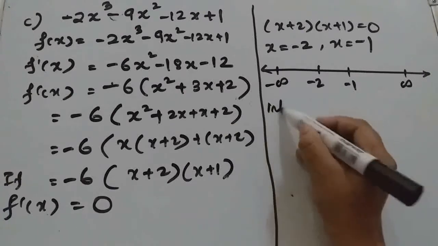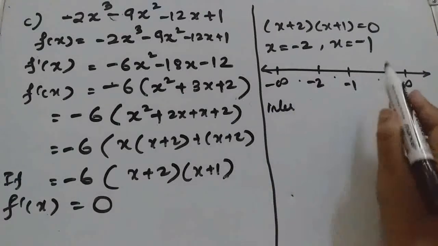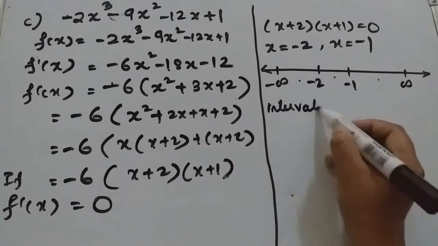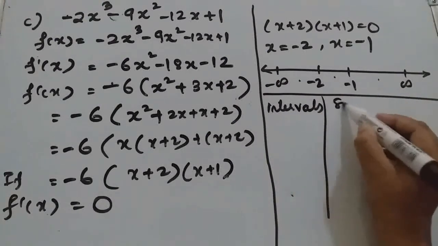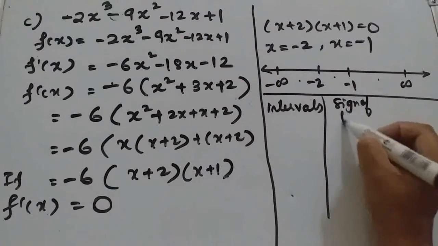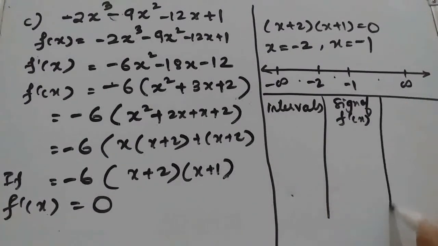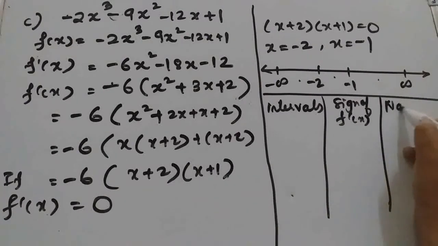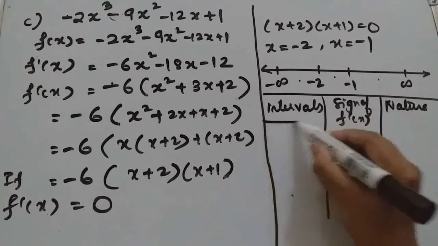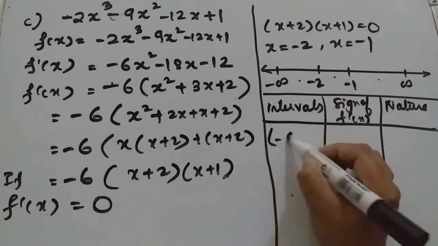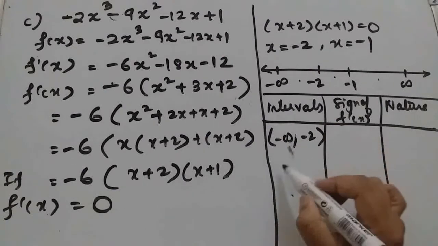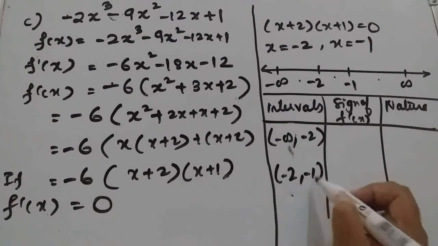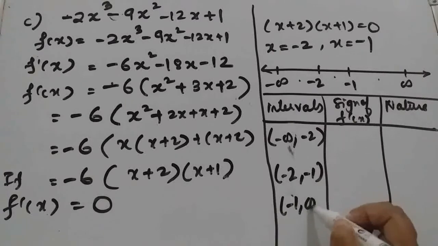So how many intervals are there? 1, 2 and 3. So we will write intervals, then sign of f dash of x, then nature. So for the first interval, then second interval, then third interval.